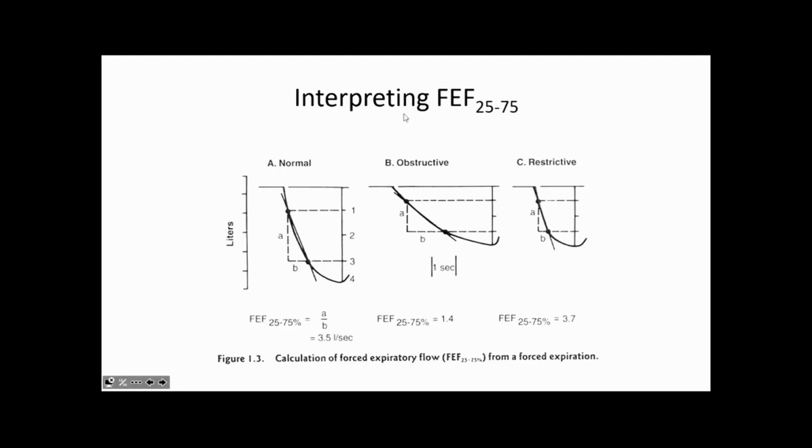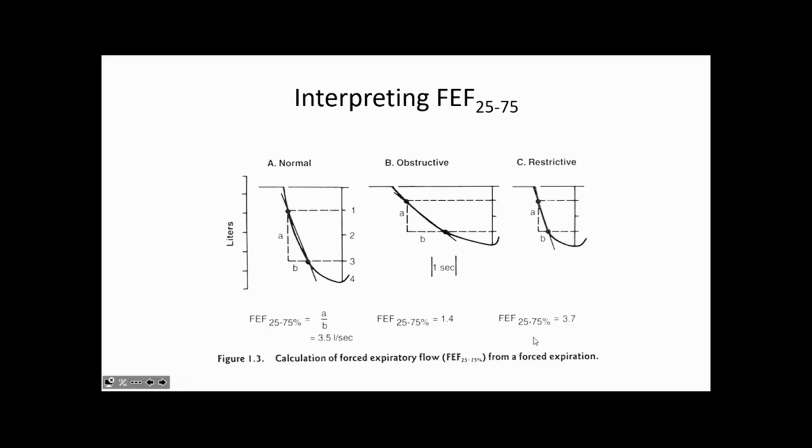The second measurement we talked about was FEF 25-75. You can think of this as going the same way as the FEV1 to forced vital capacity ratio. In normal people, it will have a slope that looks like this. In obstructive disease, the slope will flatten out.